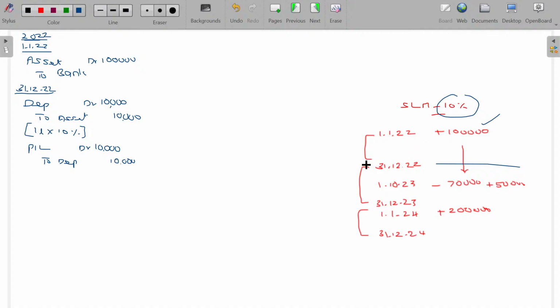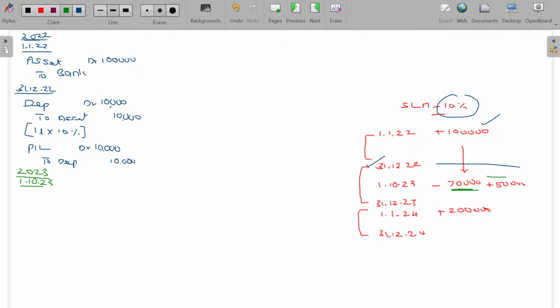The next year, 1/10/23, we purchased one more asset. Now we move on to the next year, 2023. We have passed the entry for 2022. Now we have to pass the entry for 2023. In 2023, on 1st October, we have to pass the entry here.